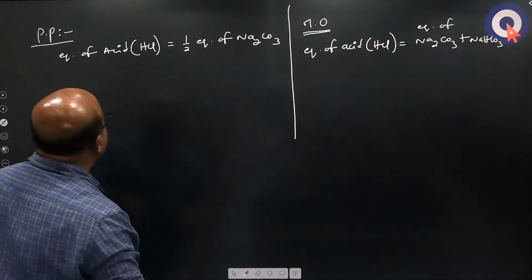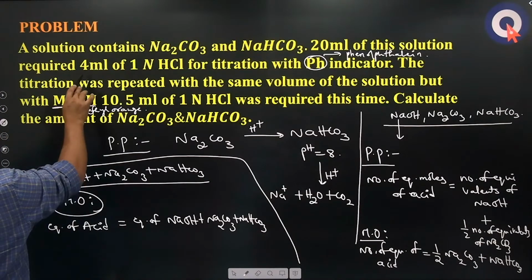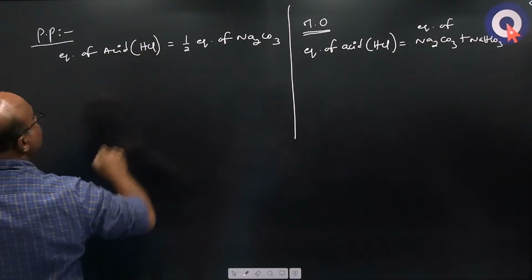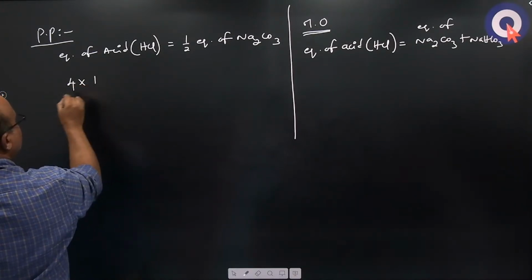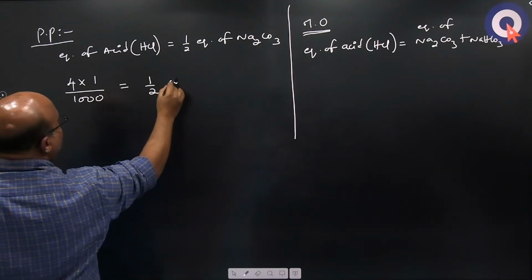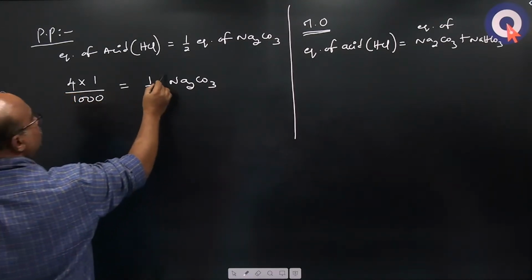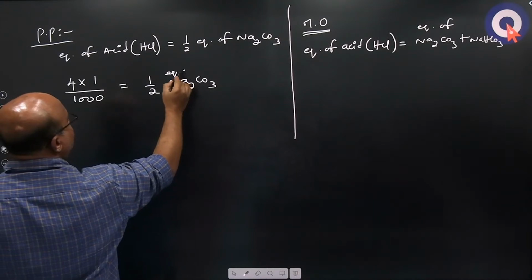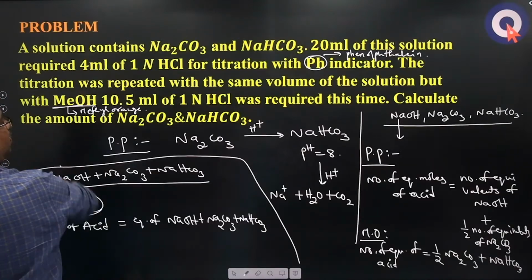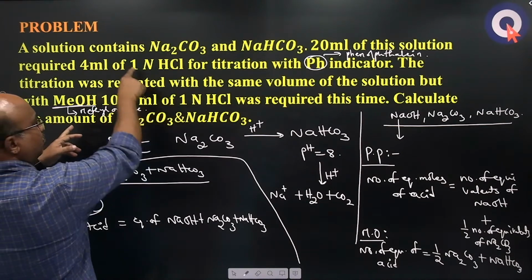So let us see how many equivalents of HCl were used in the phenolphthalein case. 4 ml of 1 N, that is 4 into 1 by 1000, is the number of equivalents of HCl. It is half of Na2CO3. This is the equivalents of Na2CO3. What was the next thing? For methyl orange, 10.5 ml of the same.